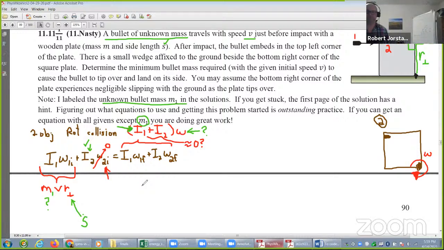What should we do? What do we need if we're going to solve this? We've got two unknowns. We've got one equation. What is required if we're going to solve this? Sorry, my question's probably bad.